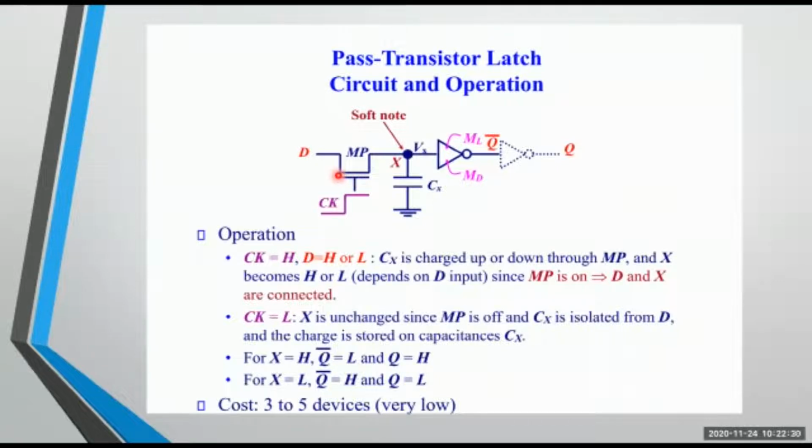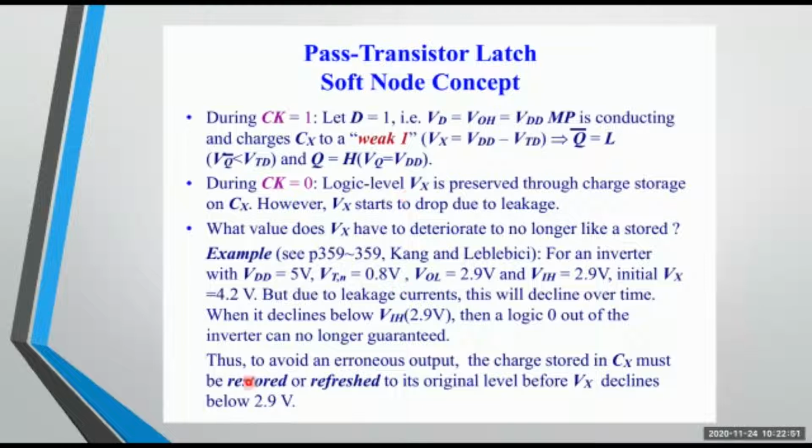The channel has to be created, and again a new output has to be obtained in the capacitor. So that's how you can avoid that erroneous output. Always you should maintain a continuous supplying of a signal in this particular region of capacitance. That is called restoring or refreshing of its original level.